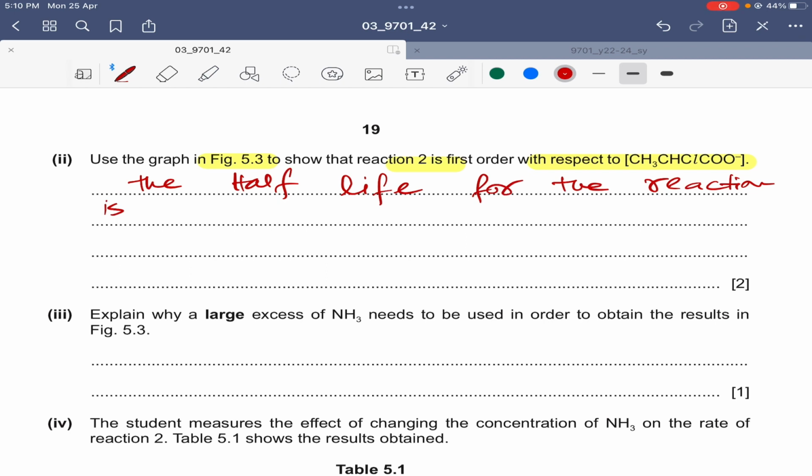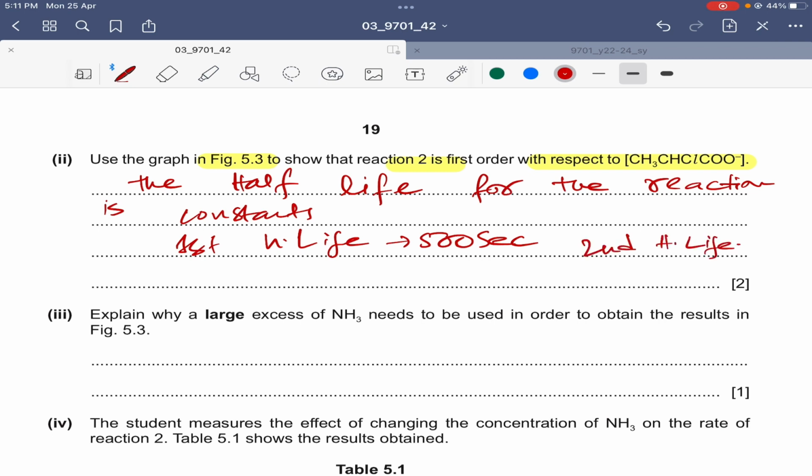Half-life is the time in which the concentration of reactants gets half of its original value. So the half-life for the reaction is constant. First half-life was 500 seconds, and the second half-life is also 500 seconds, almost 500 seconds.